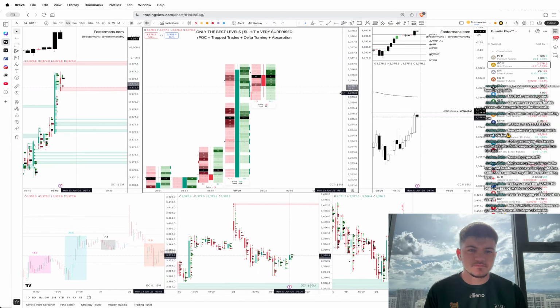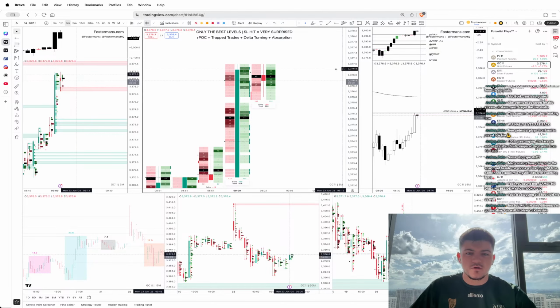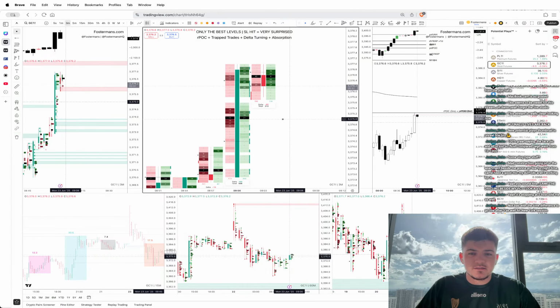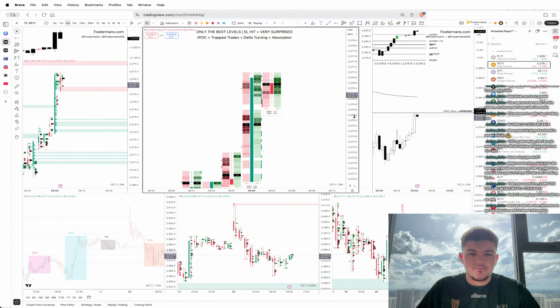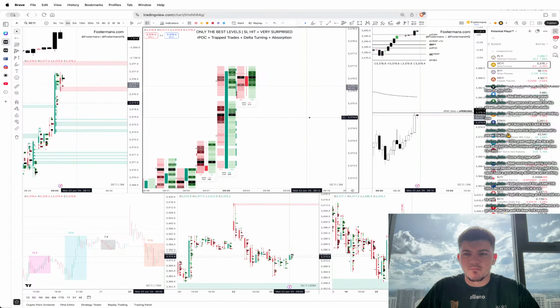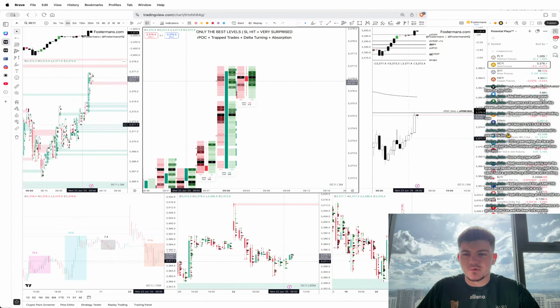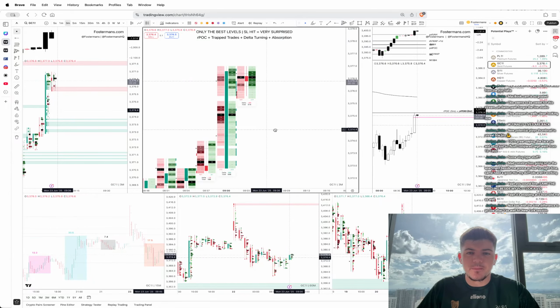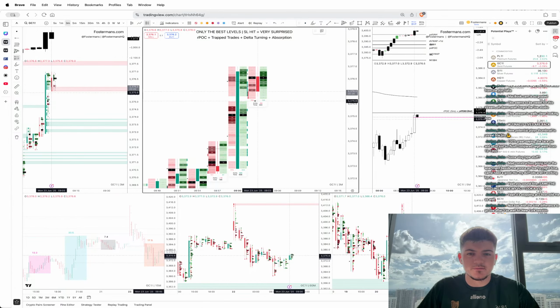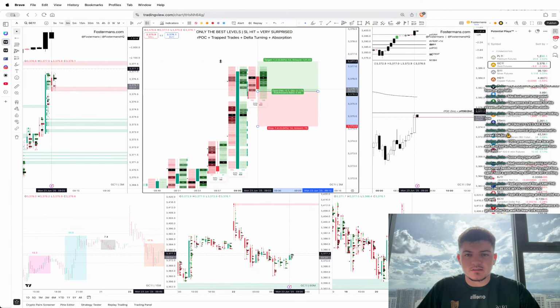That is nice. A lot of selling delta coming in, right? And we're actually getting some follow through with it. Again, selling imbalances. We got quite a bit sitting here, so let's get this.